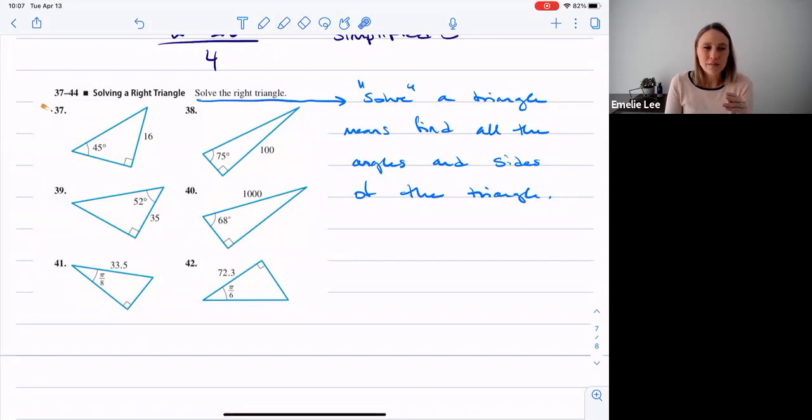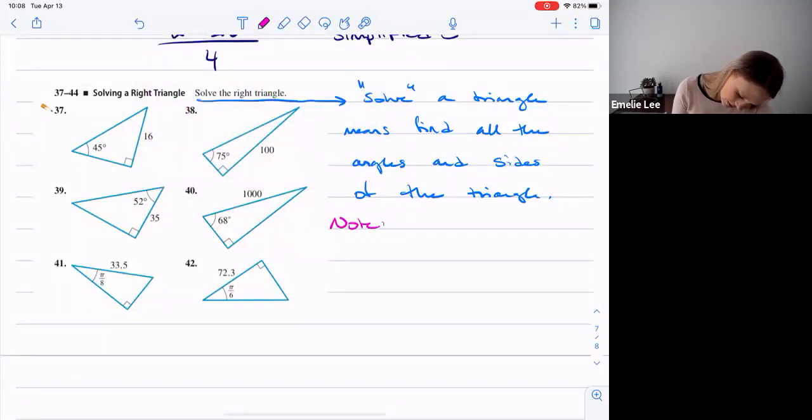In terms of radians, the total angles have to add to pi, because that's 180 degrees. Excluding the right angle, the other two angles have to add to pi over 2, 90 degrees.